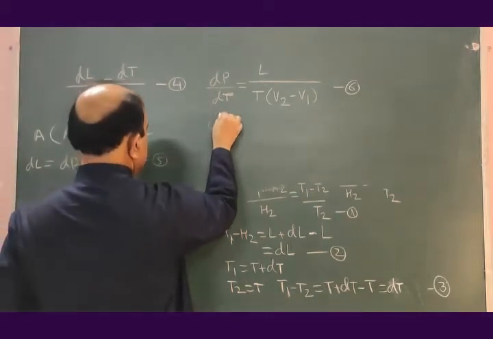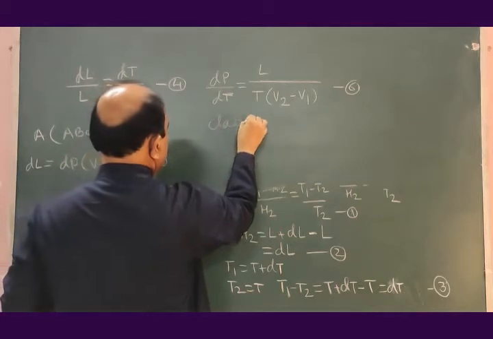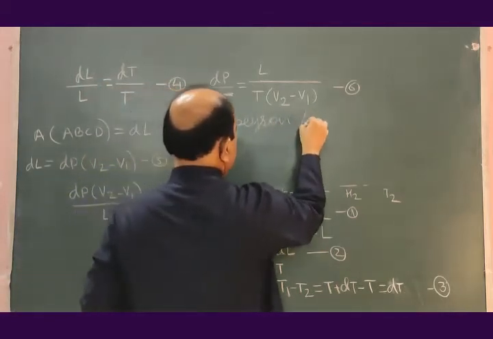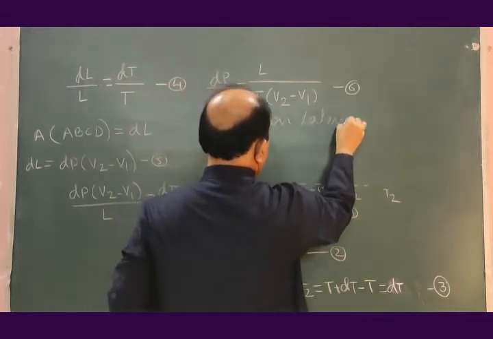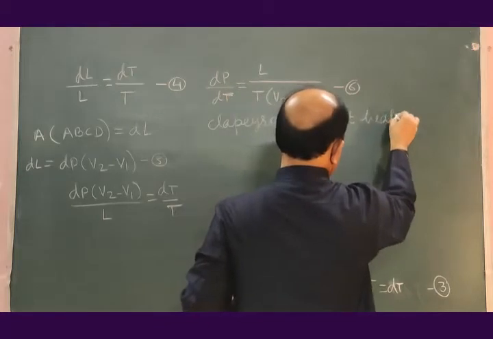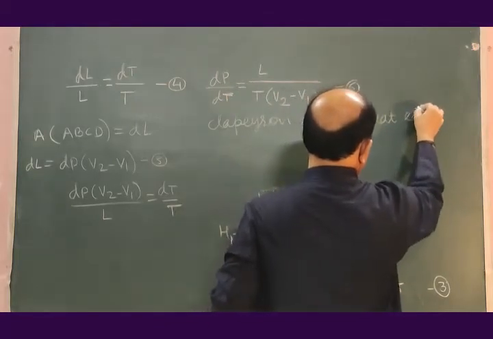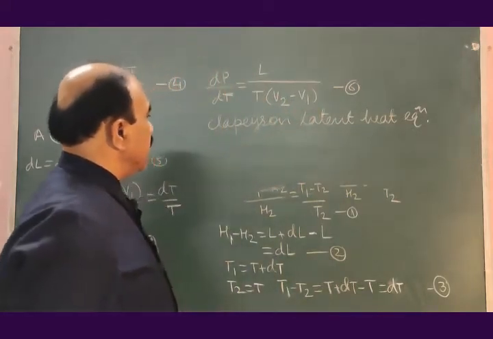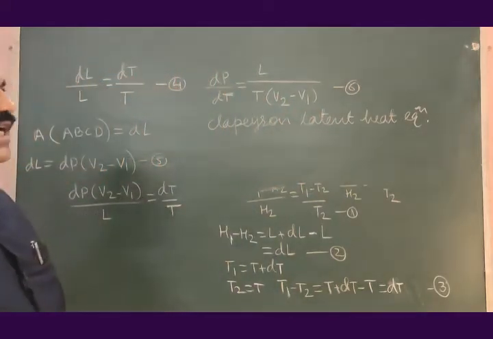And this is known as Clapeyron latent heat equation. Equation number 6 is known as Clapeyron latent heat equation.